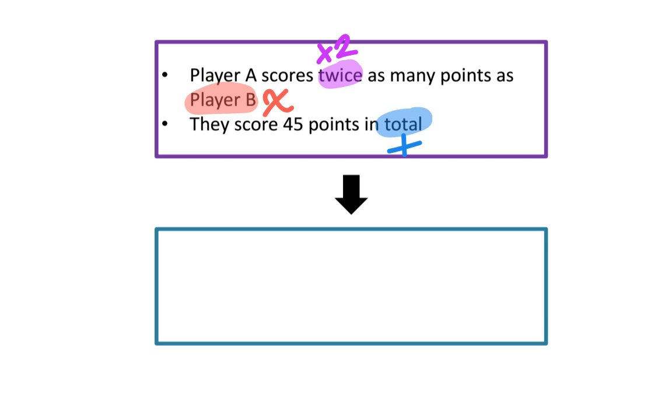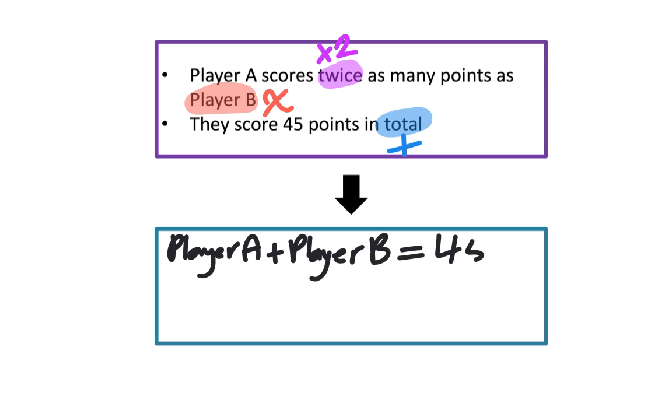We're going to have to put all of this together with some rough notes first. We know that the amount of points that player A scores plus the amount of points that player B scores must have a total of 45. We are representing player B's points with the variable of x.